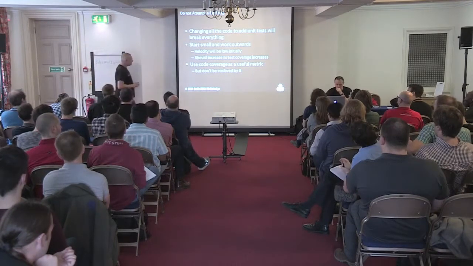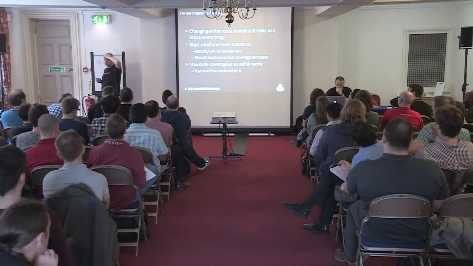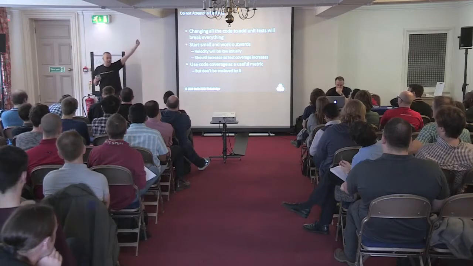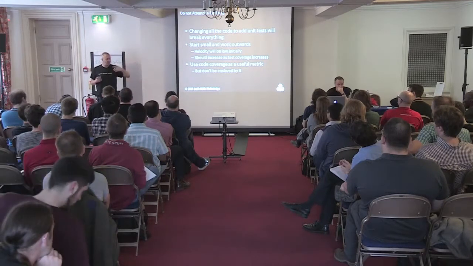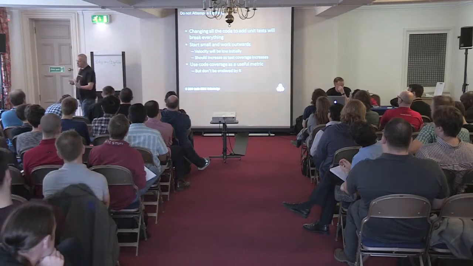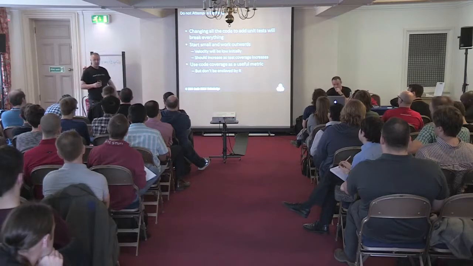So, the velocity initially will be slow, and you have to accept this, that you will not immediately get massive levels of testing, but it's a process, and the more tests and the more infrastructure you have in place, and the more testable the code is designed to be, then the faster you can start introducing more tests. But it is initially a relatively low velocity exercise.